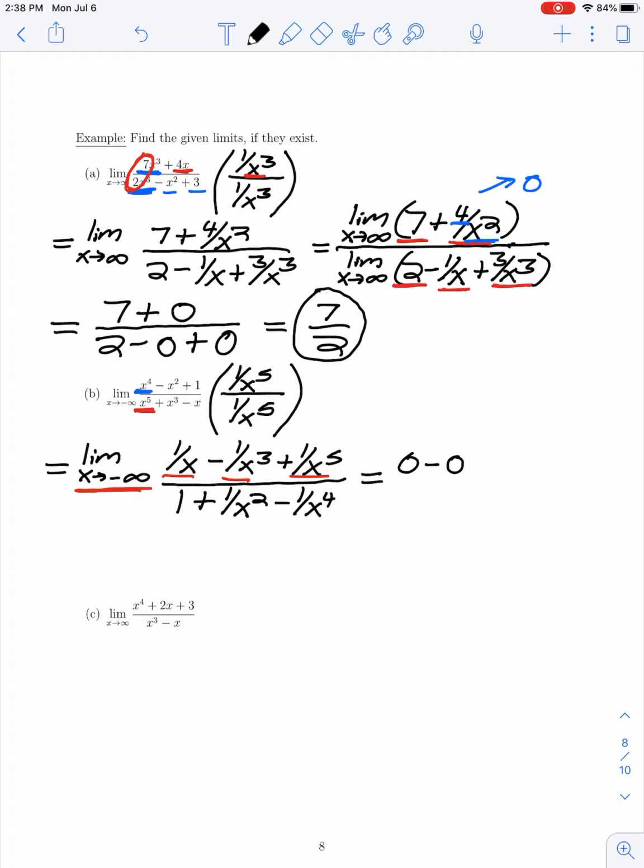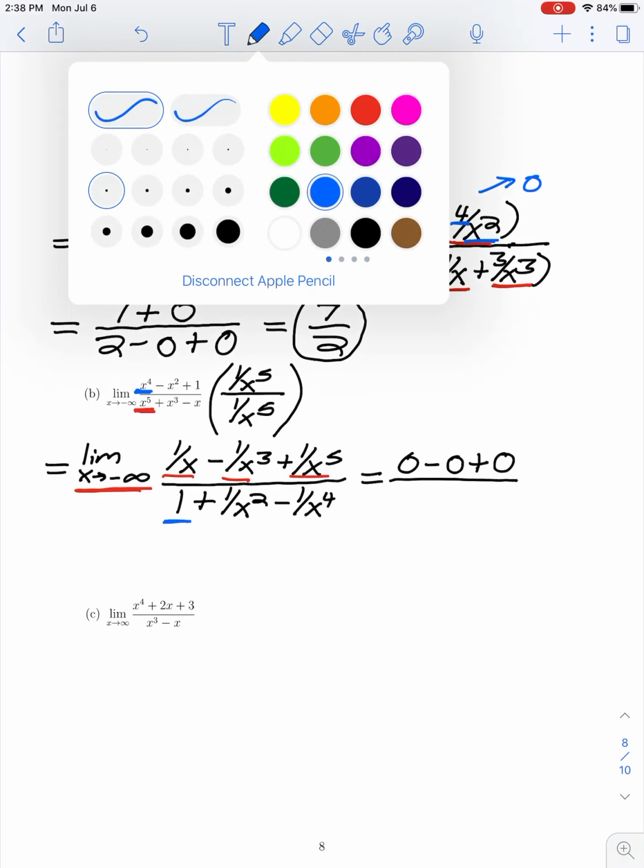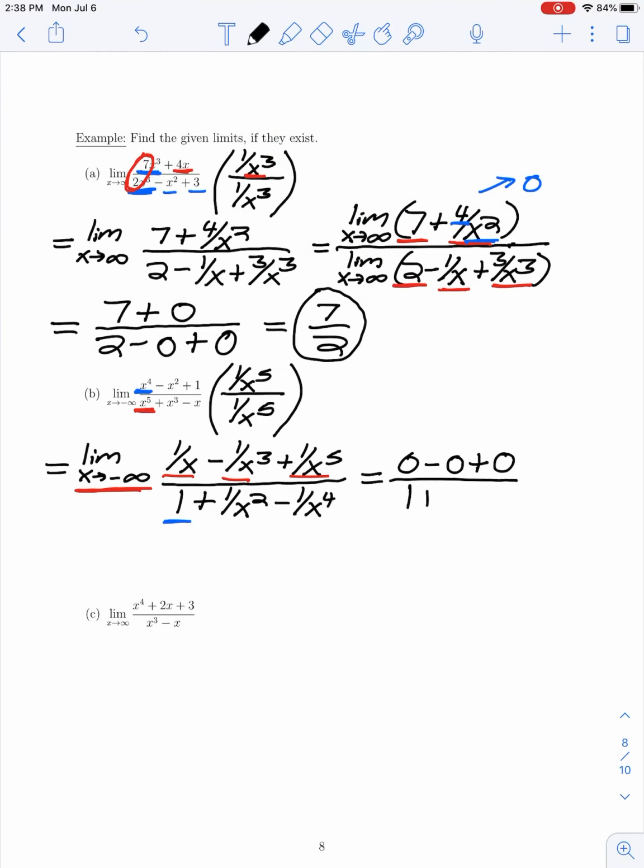So we would have 0 minus 0 plus 0, divided by, taking the limit through our denominator, the limit of a constant 1, which is 1, plus the limit of 1 over x squared or 1 over x to the fourth as x gets large, which are both 0. So we would have plus 0 minus 0, which leaves me with 0 divided by 1, which is 0.